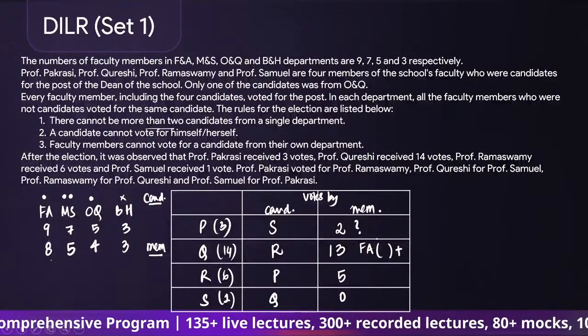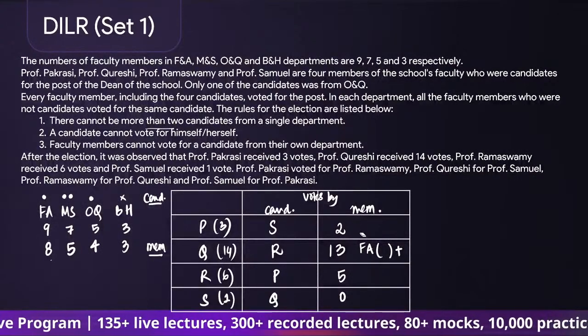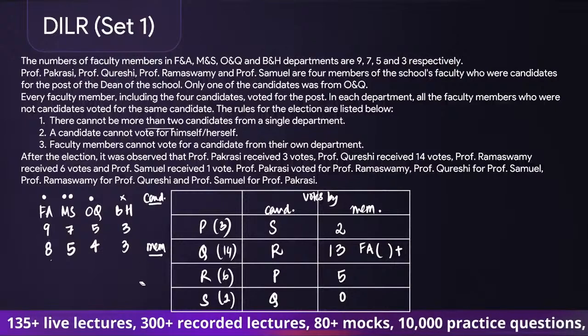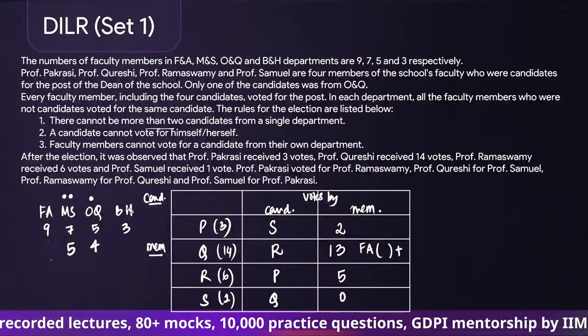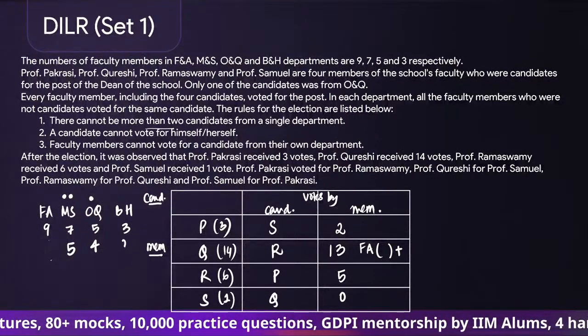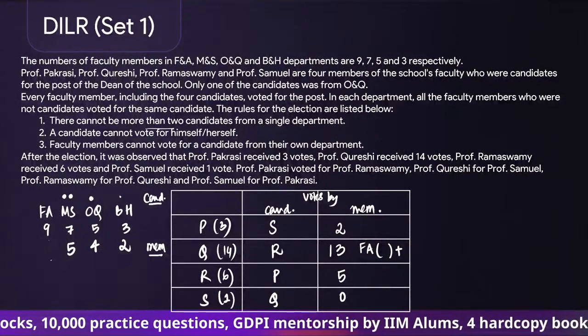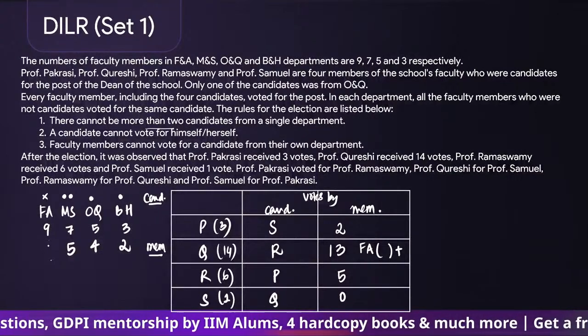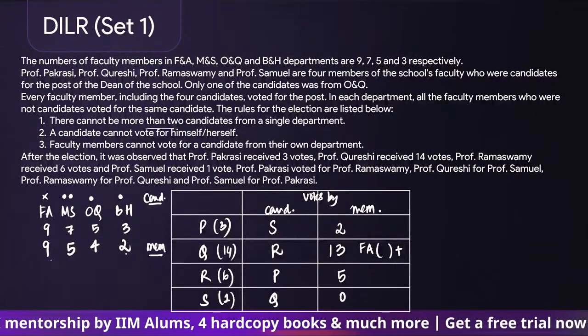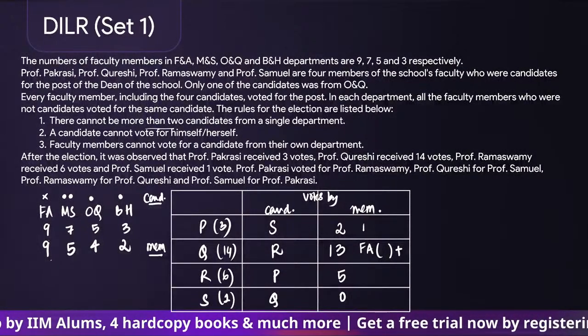So looking at the 2 members who voted for P, we know that कि मेरे को एक 2 चाहिए. और ये 2 जो है, this 2 can only come from BH. That means there is 1 candidate from BH. And that means there is no candidate from FA. Such that we can make 2 from BH.